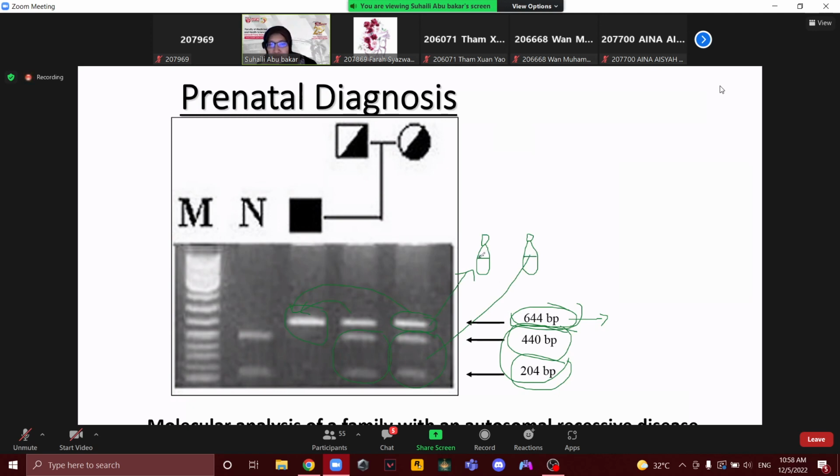Instead of C, for example, this one is T. What is this? What genotype is this? Yes, cut fragment genotype.